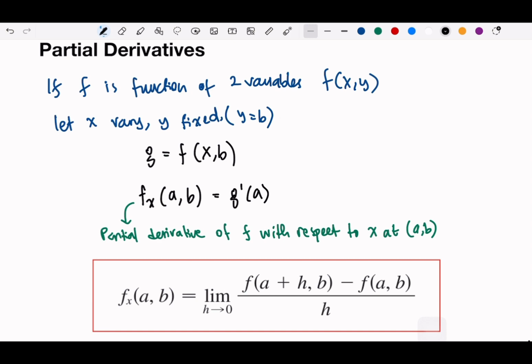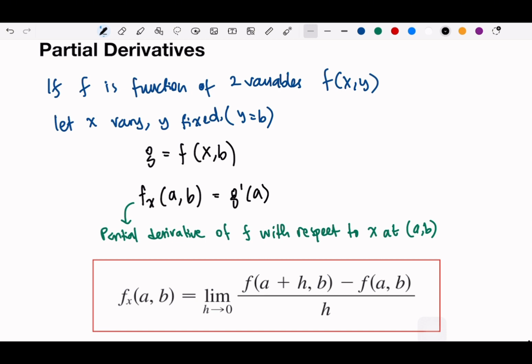If we take the derivative with respect to x, we call this f with a subscript x, the partial derivative of f with respect to x. This is equal to g prime of a, which means it is derived with respect to x, and y is just a constant. This definition will serve as our basis, especially for the computational process in partial derivatives.